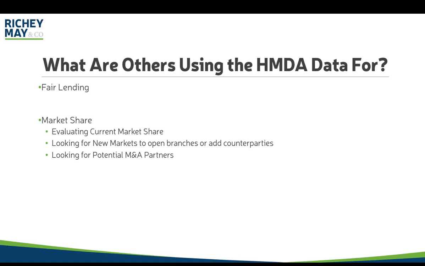Anyways, in terms of market share, there's really three common applications that can help lenders increase market share. The first one is lenders are able to look at current markets where they have a presence, and they can measure what kind of sales success they have in those certain markets.